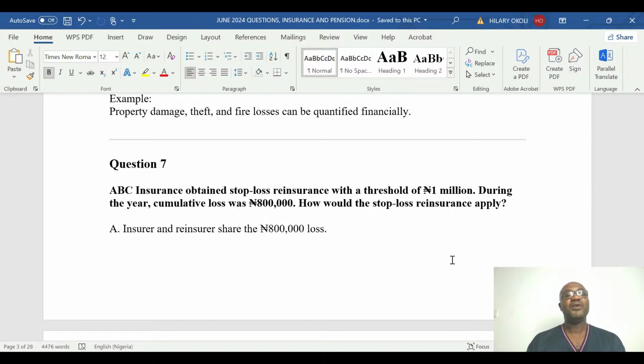And within the year, the car was not stolen, but somehow something happened that damaged it, cumulatively about 4,900,000. So what happens here is that you will go and look for 4,900,000. Your 5,200,000 insurance for the Mercedes will not apply. You go and repair your car and continue moving.